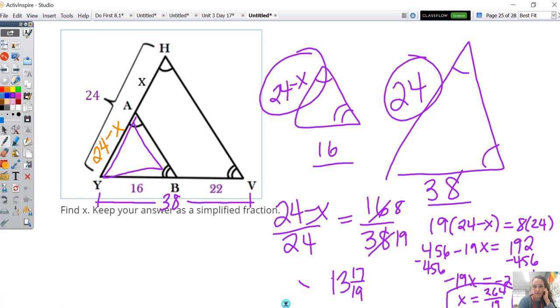Either way, both are totally correct. Honestly, do this one because it's easier. Why do more work than you have to?